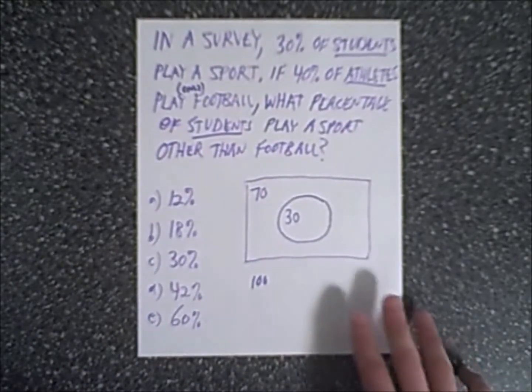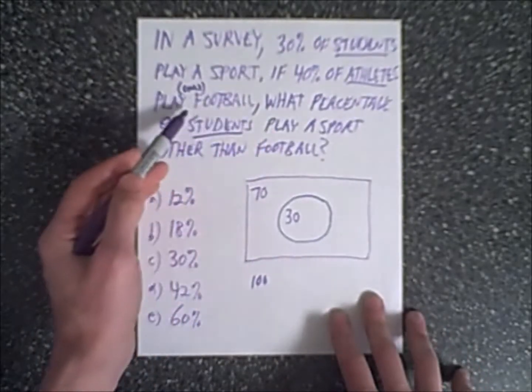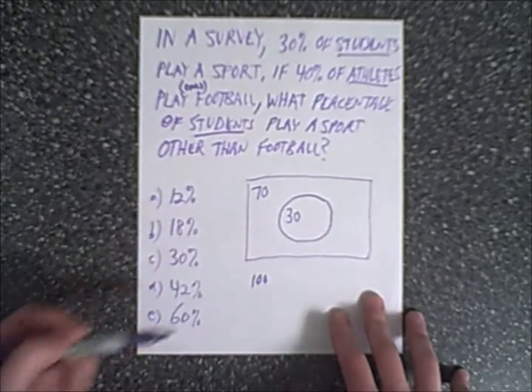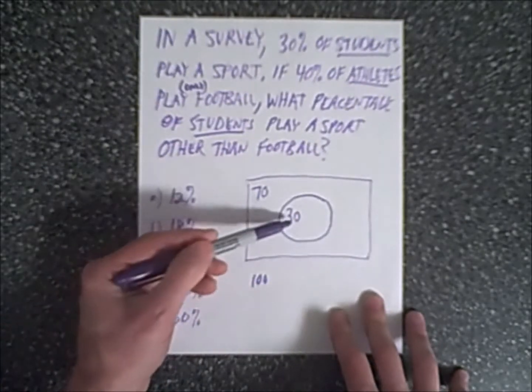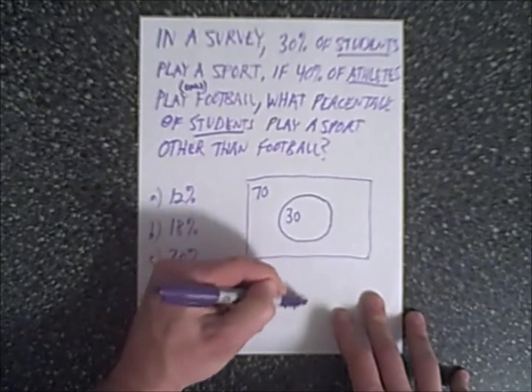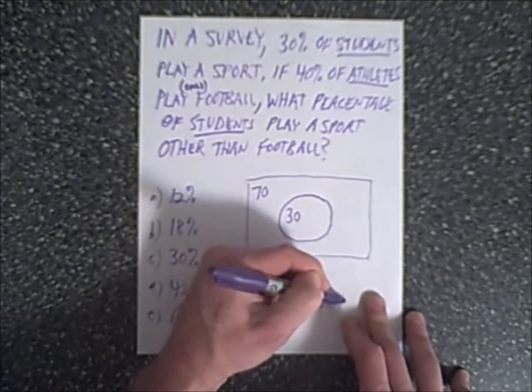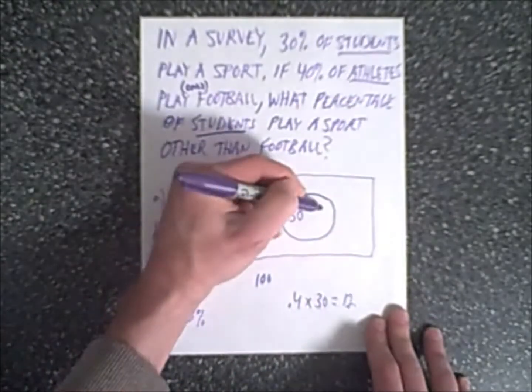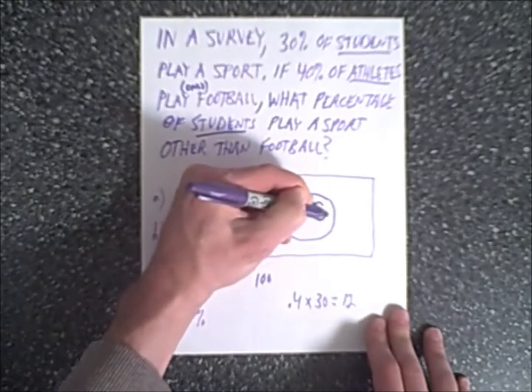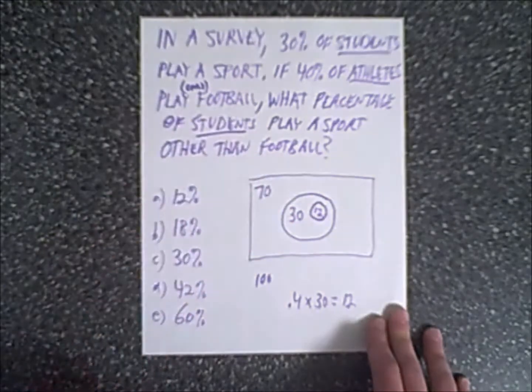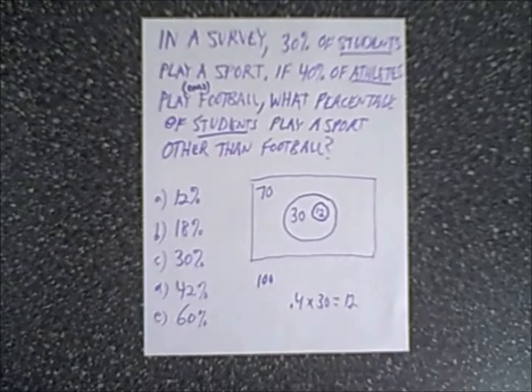And then we're going to take the athletes, 40% of the athletes play football, which is inside this circle. So 40% of 30 is 0.4 times 30, which equals 12. So 12 of these are going to play only football. And what's left?